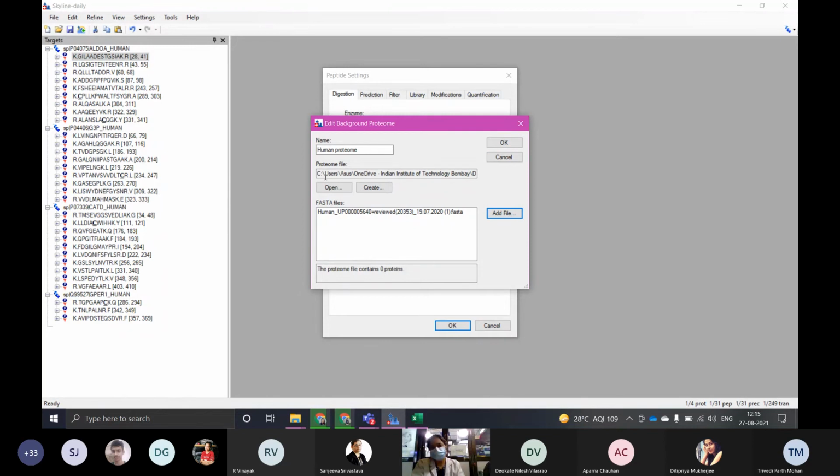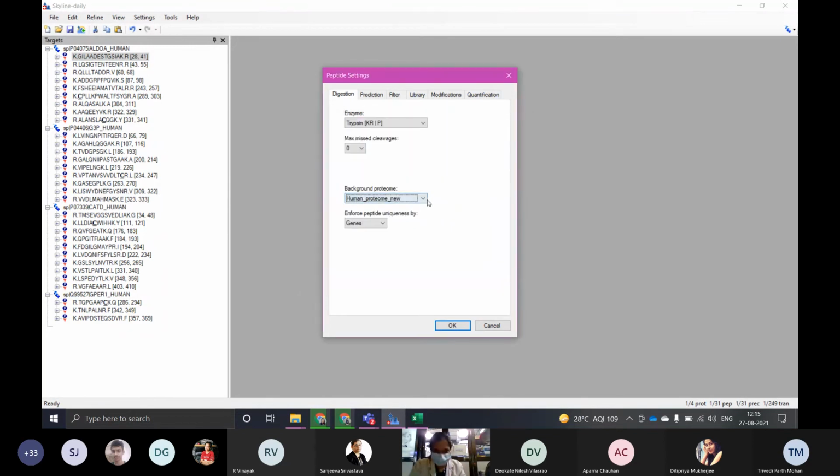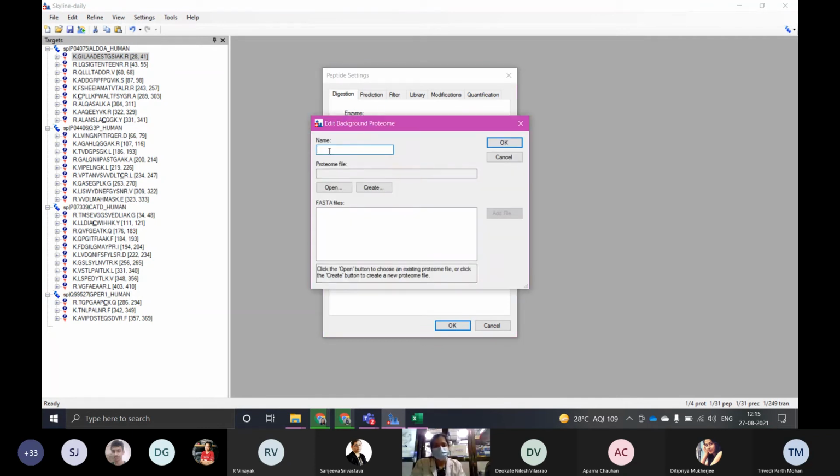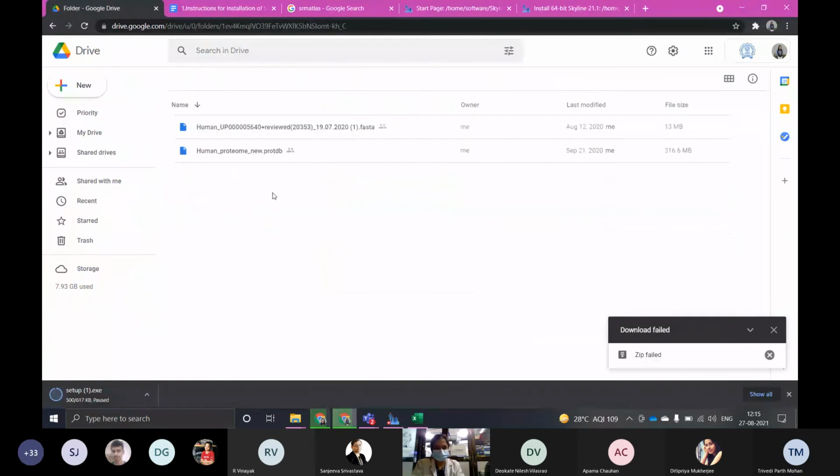In case that is not happening for you, another thing you can do is go to add, put a name, and open an already present proteome file. I have given you one FASTA file which can be used to build the proteome file in the first case that we saw, and the second is the protdb file which you can directly insert and use.